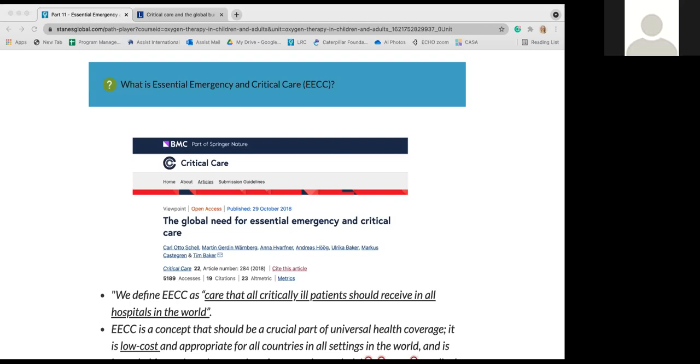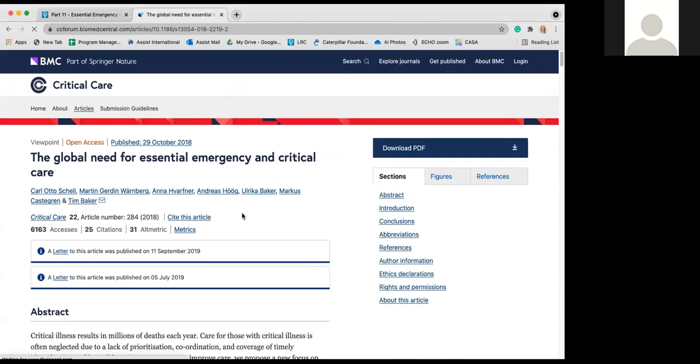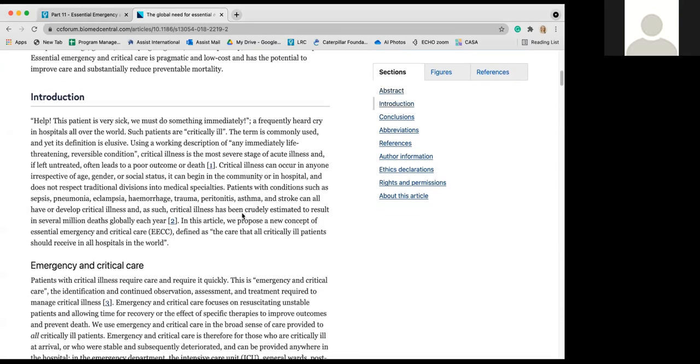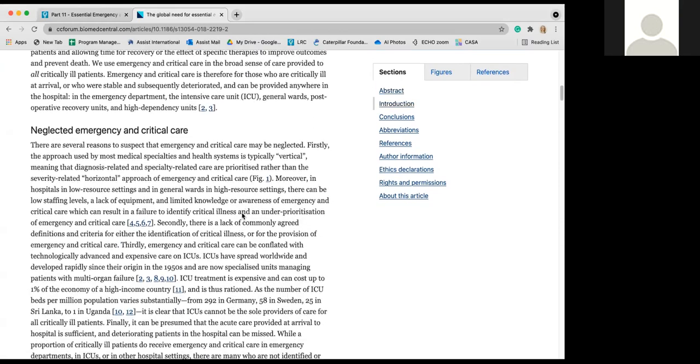And that should be affordable at low cost. I think that's the summary of what is essential. But this paper will give you all of the details, which we can't cover with the limited time we have. But as you can imagine, we need to have systems to be able to identify those patients and systems to manage common complications.